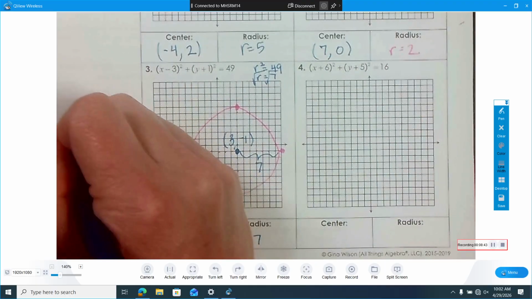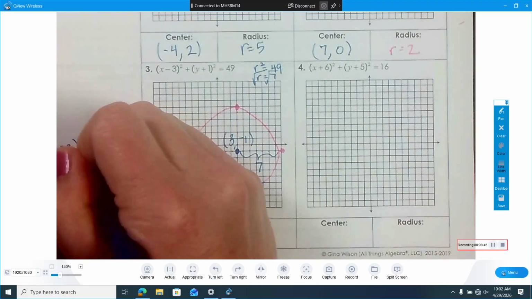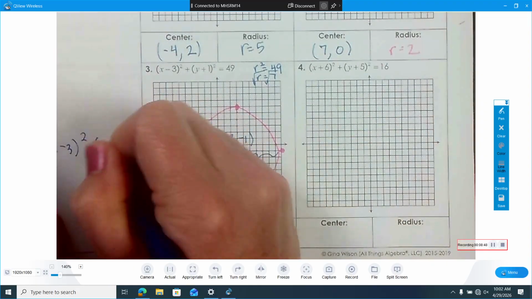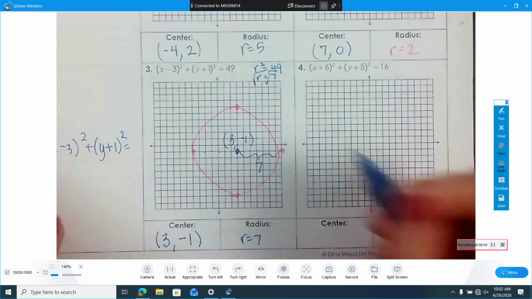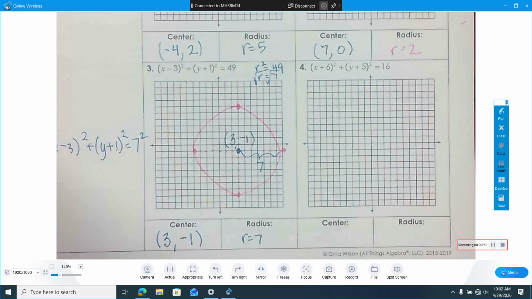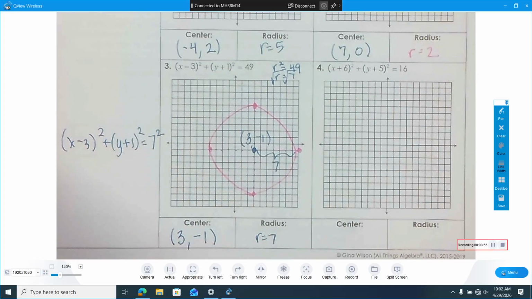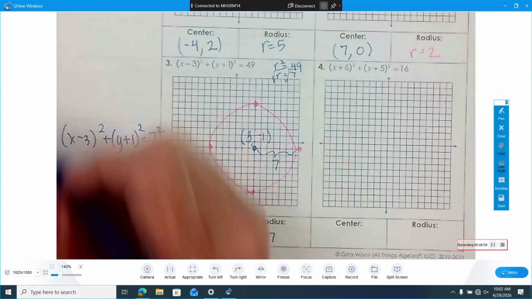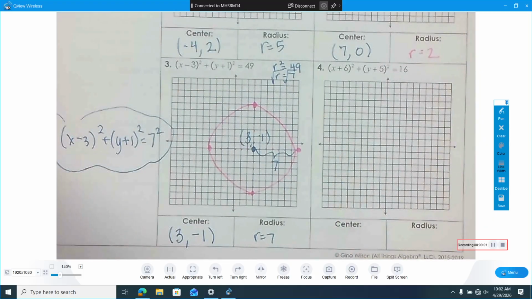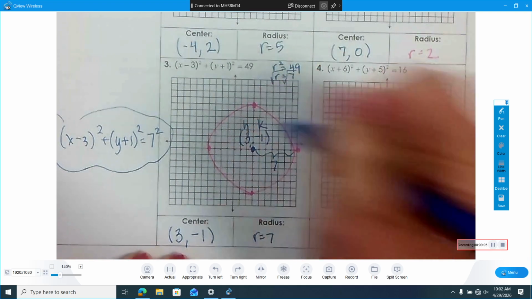We would do (x - 3) squared, and then (y + 1) squared, and then we have 7 squared. So we want to be able to go backwards as well. So if given a picture, can you write the equation? Sure, not too hard. Identify your center, identify your h and k, and plug it in, all right?